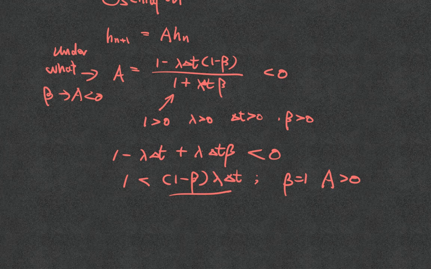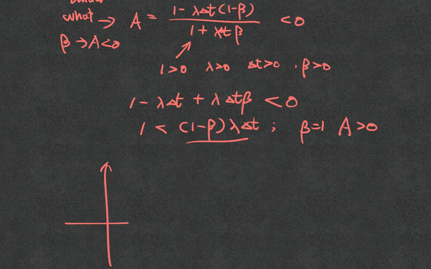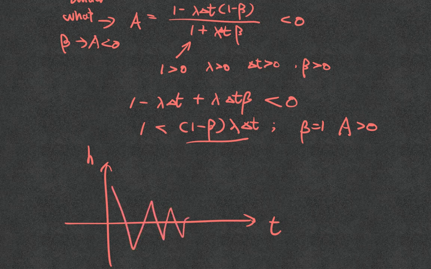In fact, if A is smaller than 0, what is A squared? Two negatives will still be positive, right? Now I multiply by another A, is it positive or negative? It will be negative again. If I multiply by another A, it becomes positive. So what actually happens is that, just because of the numerics, I will have a zigzag pattern that looks like this.